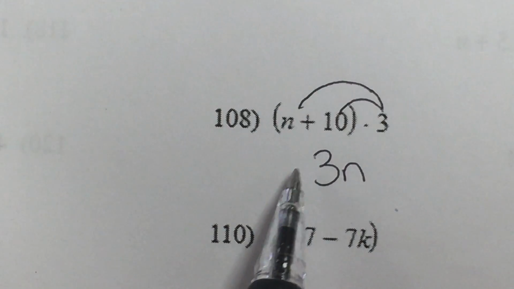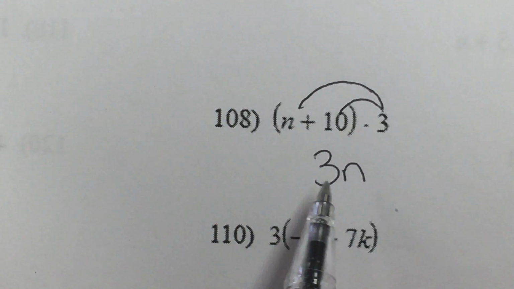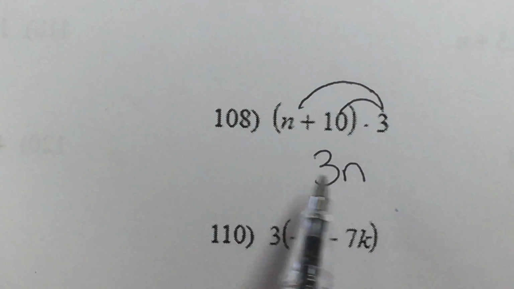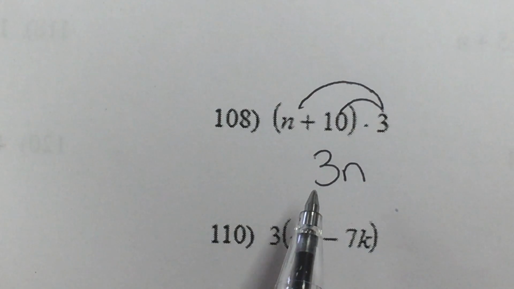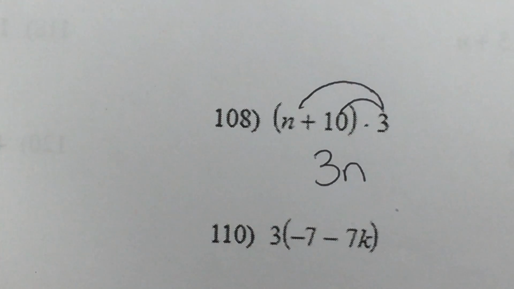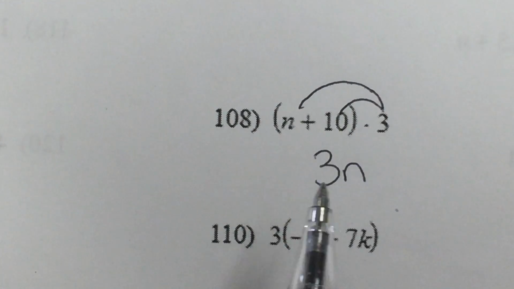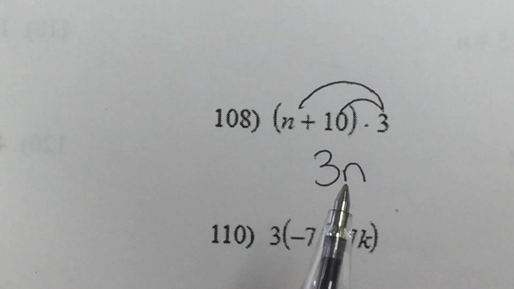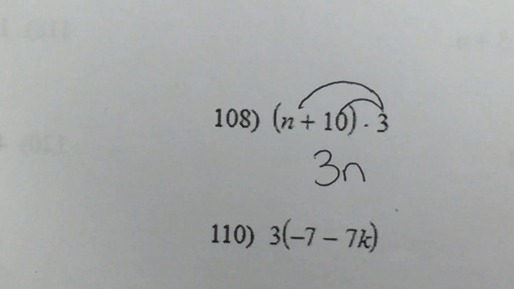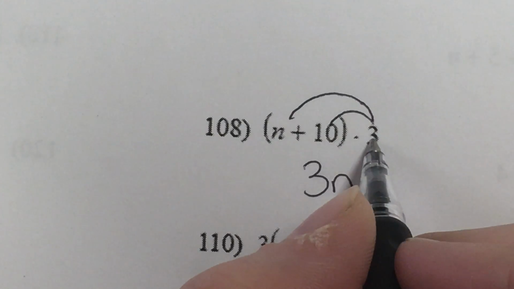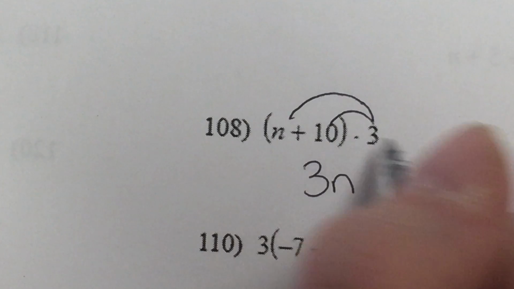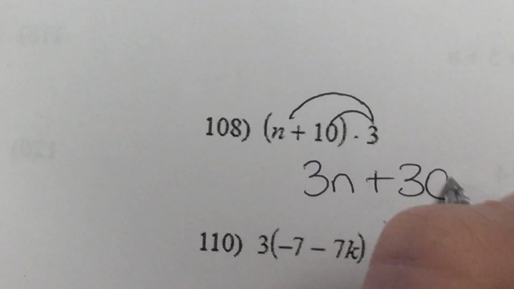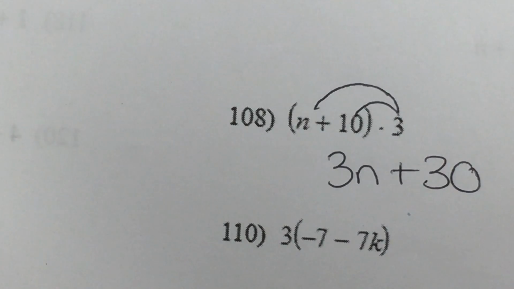Now you could have put n3, like I said before, it doesn't matter what order, when they're being multiplied you're still going to get the same answer, but mathematicians like to see the number, or rather the coefficient, come first. Okay, so get into the habit of doing that, please. And then 3 times 10 will be plus 30. Okay, let's keep going. I think I'll do one more.